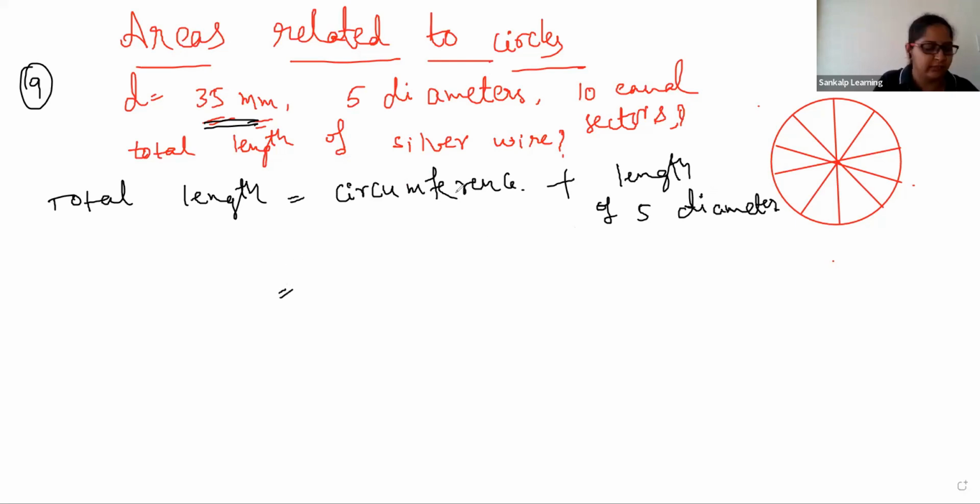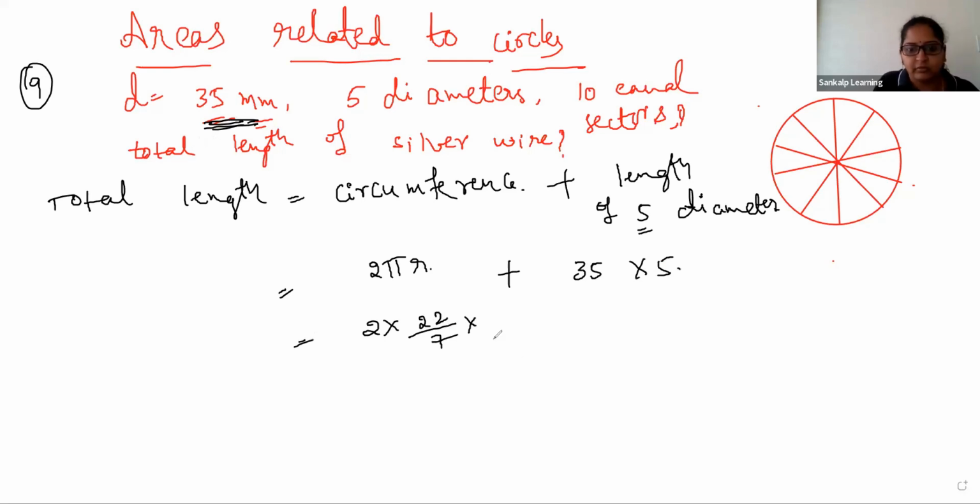Correct? So circumference, you know the formula. What is the circumference of the circle? It is 2 pi r. The length of the 5 diameters, they have given the measurement of diameter. It is 35 millimeter into 5, right? And here 2 into 22 by 7. What is r? R is nothing but d by 2, half of diameter.